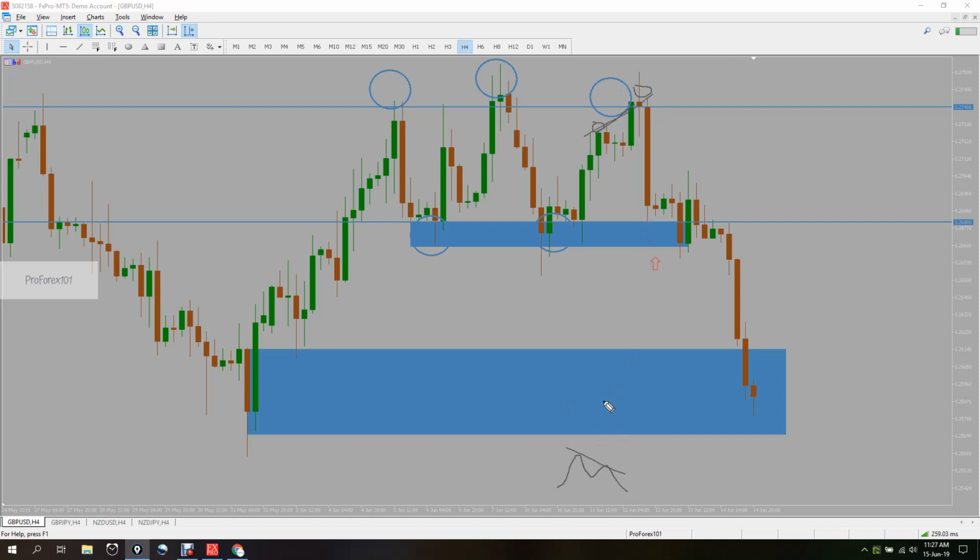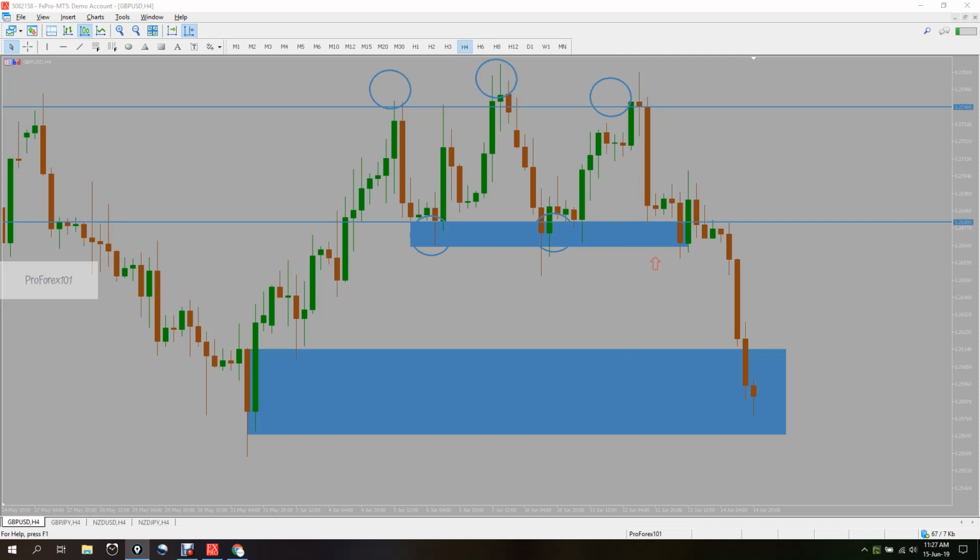A lot of people see this as divergence, so that's also another way you can get into these trades. But yeah guys, I don't want to confuse you too much, but you can do the divergence thing also, right?